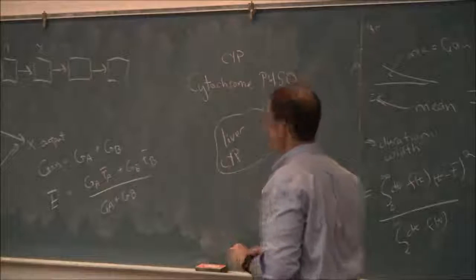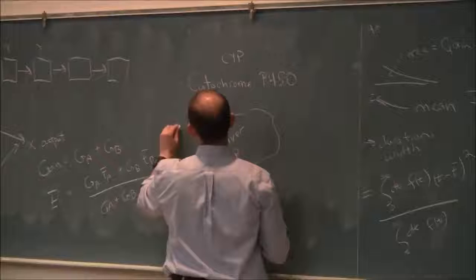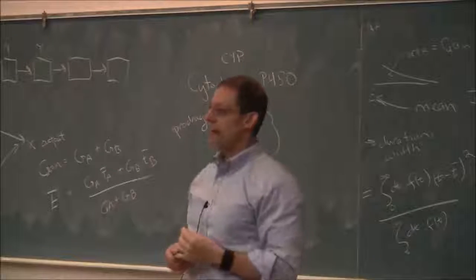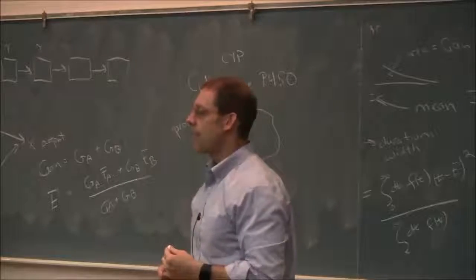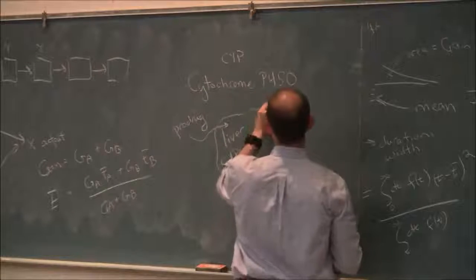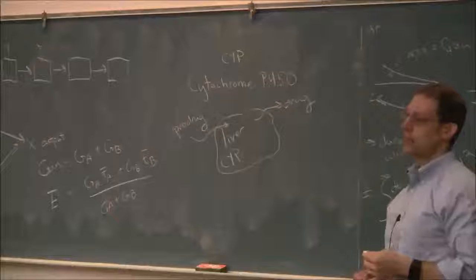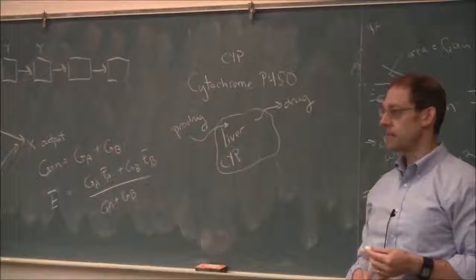CYP is the abbreviation. And one thing it does is that often when you take a drug, it's not in its active form. So you take a prodrug, and then the prodrug gets transported into your liver, and drug comes out. So that's one way that cytochrome P450s affect drug metabolism.